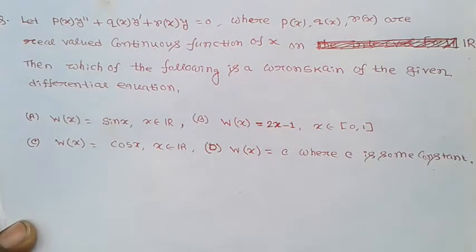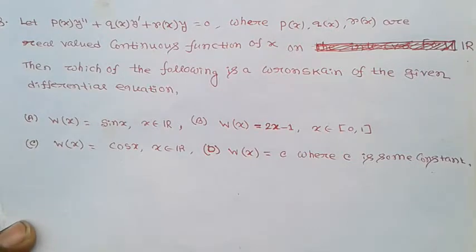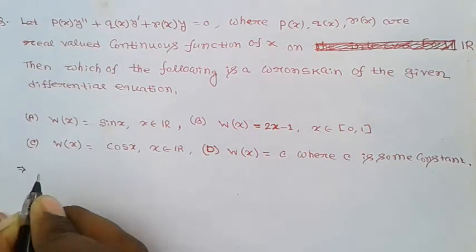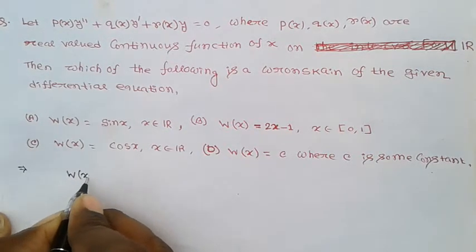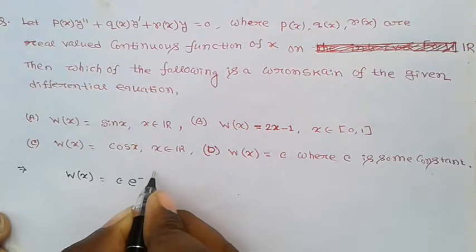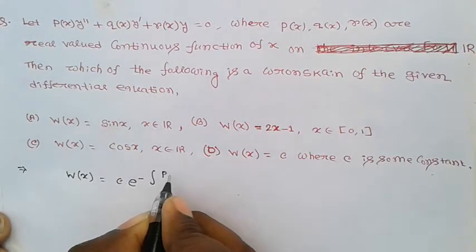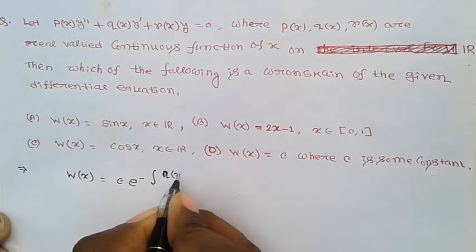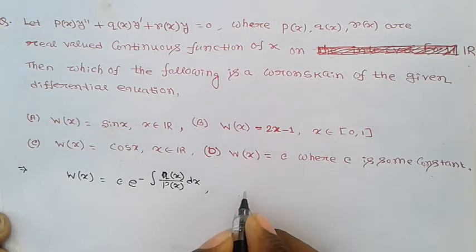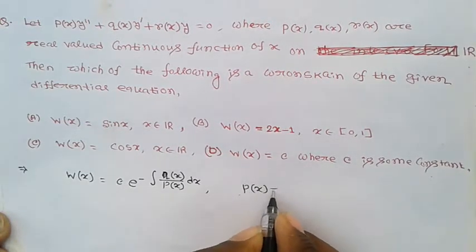This is a very easy problem. First of all, W(x) = c e to the power minus the integral of q(x)/p(x) dx, where p(x) is not equal to 0.